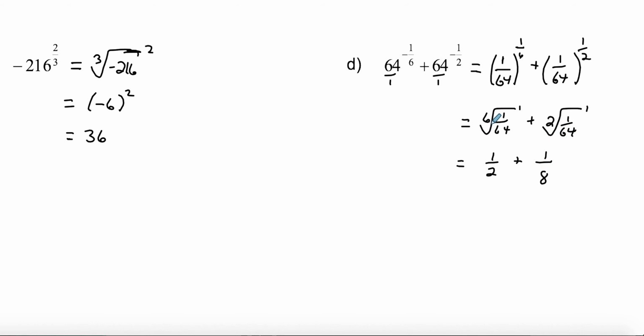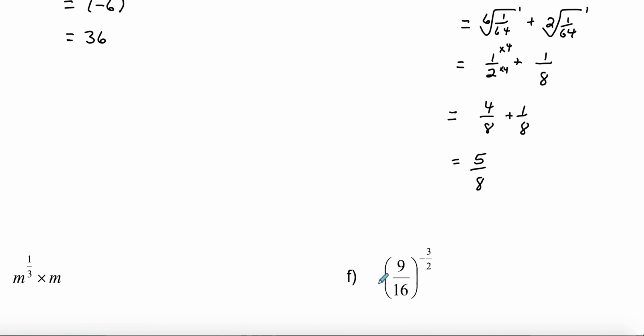So I should have said it over here too. The sixth root of 1 is 1. The sixth root of 64 is 2. So you would do the numerator and the denominator separately. And then this is just math. So now I notice that I don't have a common denominator. So maybe I'd like to write 4 over 8 instead of 1/2, multiplying the top by 4 and the denominator by 4. So I get an answer of 5 over 8, and I've simplified as far as I can go.